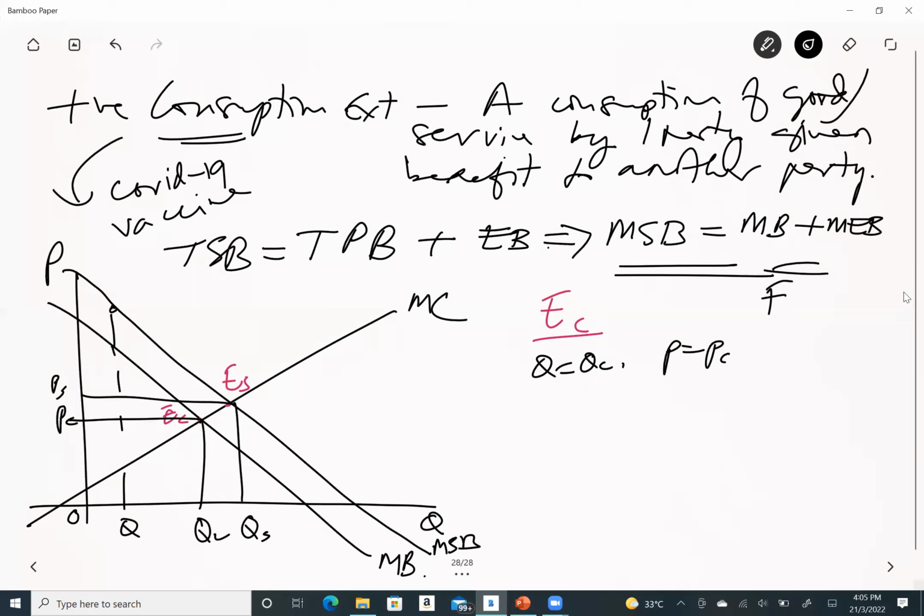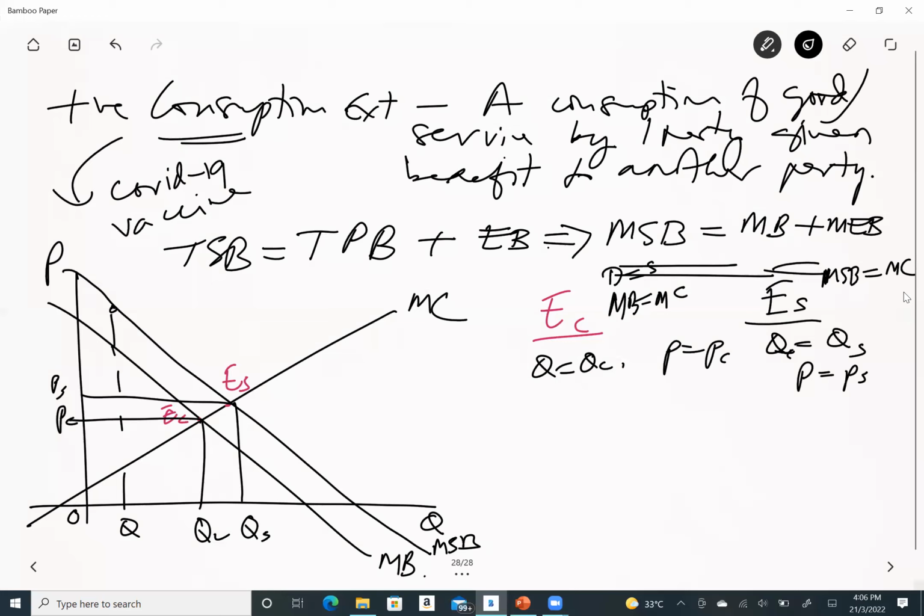And for the social equilibrium, you have Q equal to QS, P equal to PS. Of course, don't forget the condition. Competitive equilibrium, MB equal MC, or demand equal supply. For the social equilibrium, you have marginal social benefit equal to marginal cost, because that is a positive consumption externality.